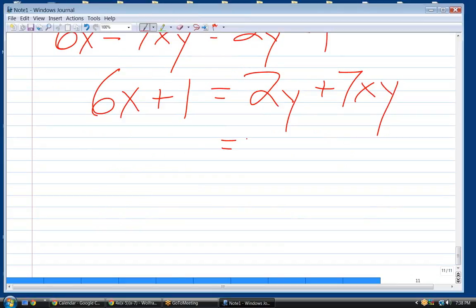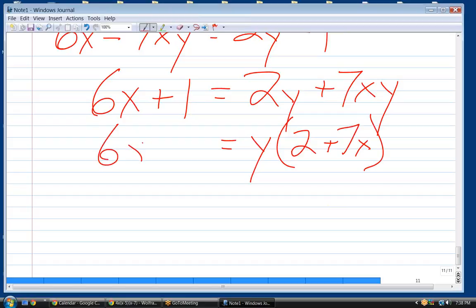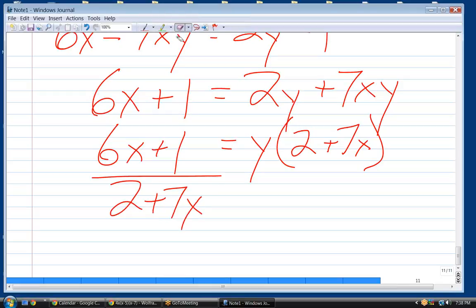Notice that's going to give us 2 plus 7x, like that. Now we can solve for y easy. Divide both sides by 2 plus 7x. That's what y is, and that's your inverse.